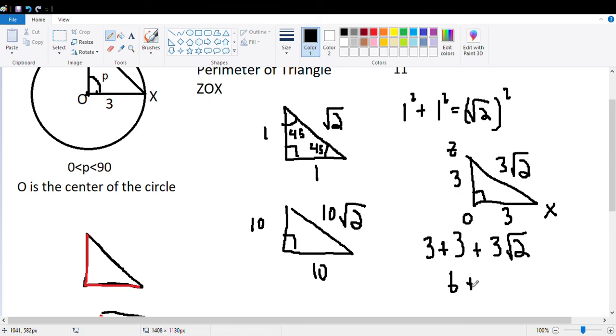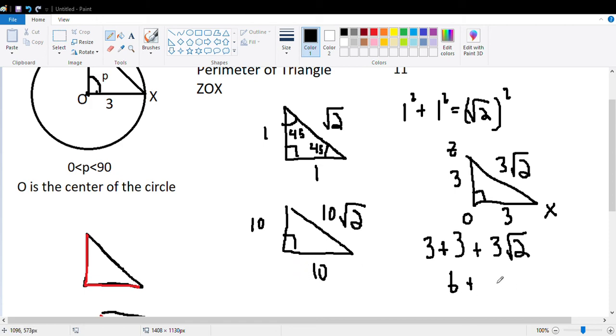Obviously, we don't know that off the top of our head. But the GRE has a mini calculator with basic operations, and you can actually find the square root there. If we do 3 times 2 raised to the 0.5 power, remember, raised to the 0.5 power is the same as the square root, we get 4.24 something.